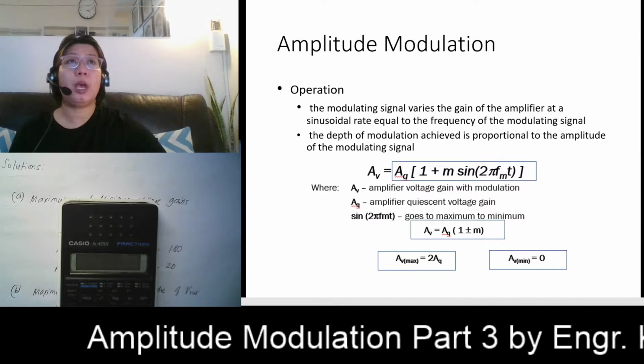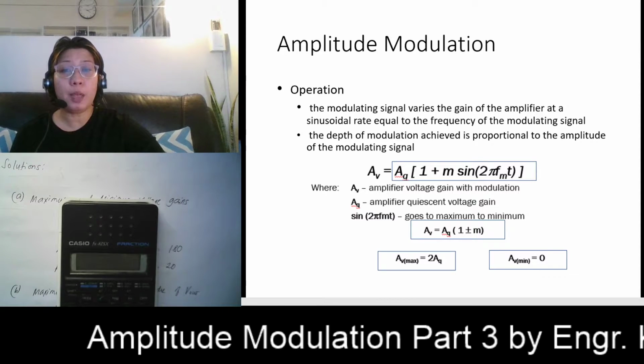And then, of course, you have sine of 2 pi fmt, wherein fm is the modulating frequency of your modulating signal. Your sine 2 pi fmt goes from maximum to minimum. The maximum value is positive 1 and the minimum value is negative 1, so plus or minus 1.